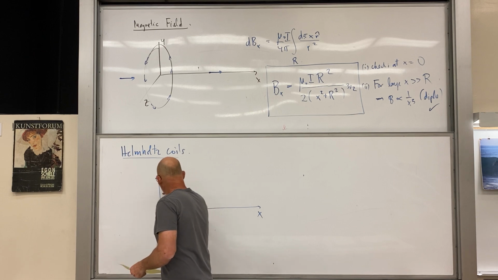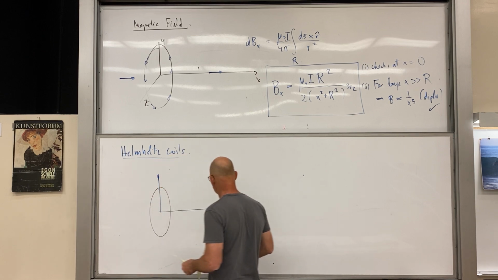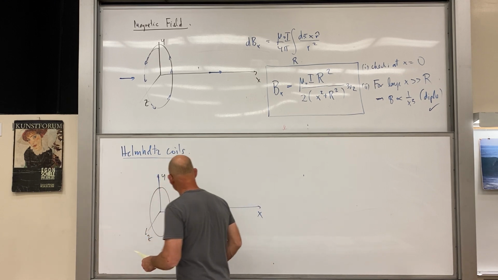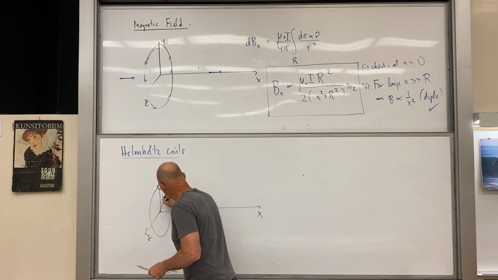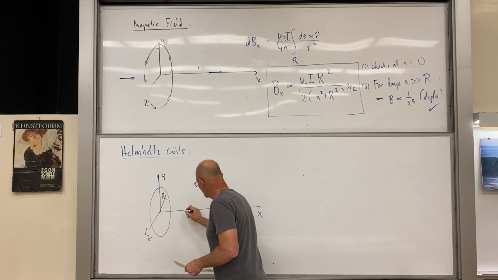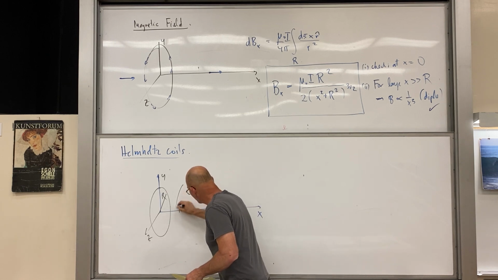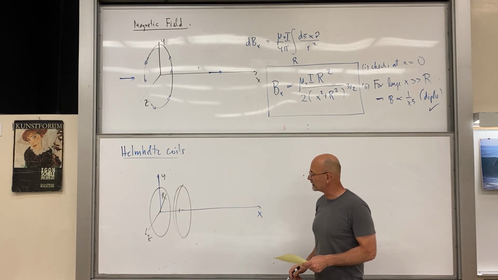Good, so what we do is we have coils here. This is X, this is Y, Z coming out here. And this is a radius R, I'll state that now. And what we do is, at a distance R on the X-axis, we do a second set of those coils with as many turns as we want each, but the same number of turns.